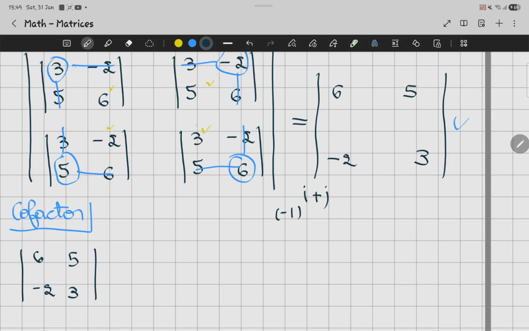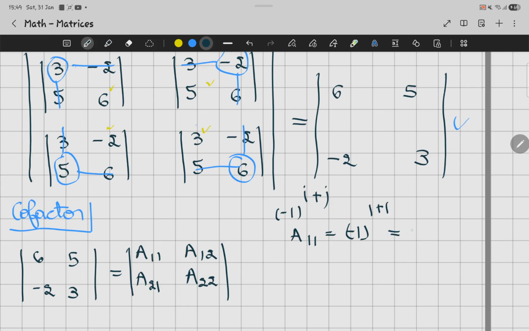This is how we are able to find the location, and this is the same as having a11, a12, a21, a22. So if you have to find the cofactor at a11, it's going to be -1 to the power of 1 plus 1.